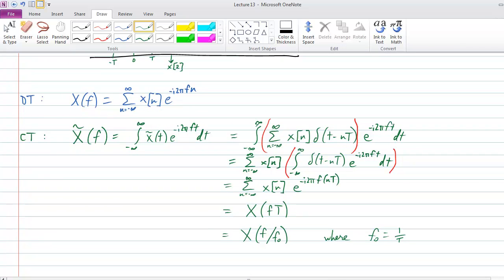The continuous time Fourier transform is the discrete time Fourier transform with a scaling of 1 over f naught, this frequency that we used for the conversion. Okay, so that's nice. That at least makes us feel comfortable that this way of representing discrete time signals in continuous time keeps the meaning of the signal, if we weren't already convinced that it was so natural.